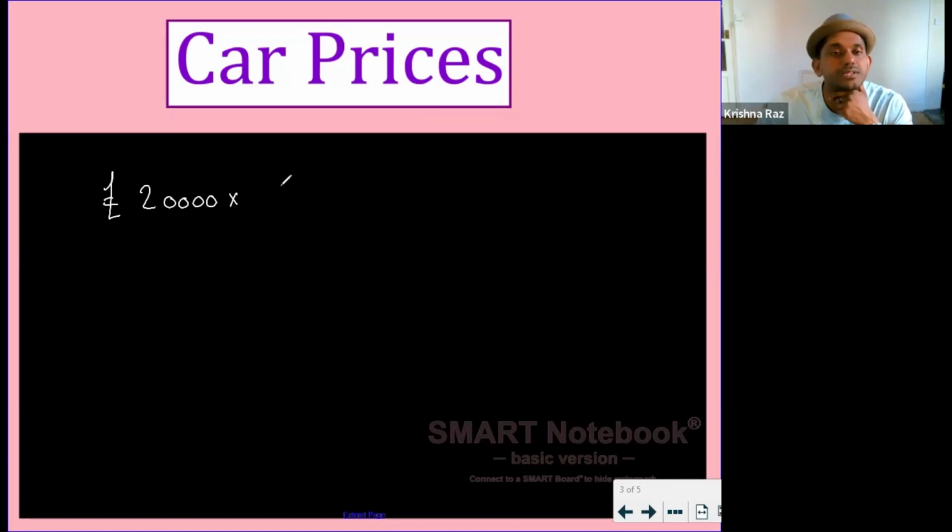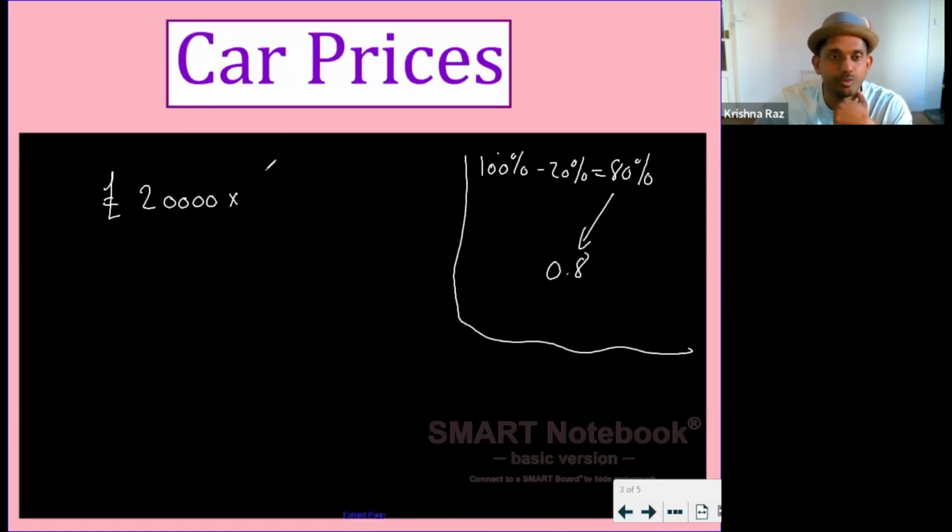So that would be a decimal to reduce by 20%. We'd have 20% less than the original, which is 80%. What's the decimal for 80%? Exactly, 0.8. So let's say we wonder how much that'll be worth in 5 years.